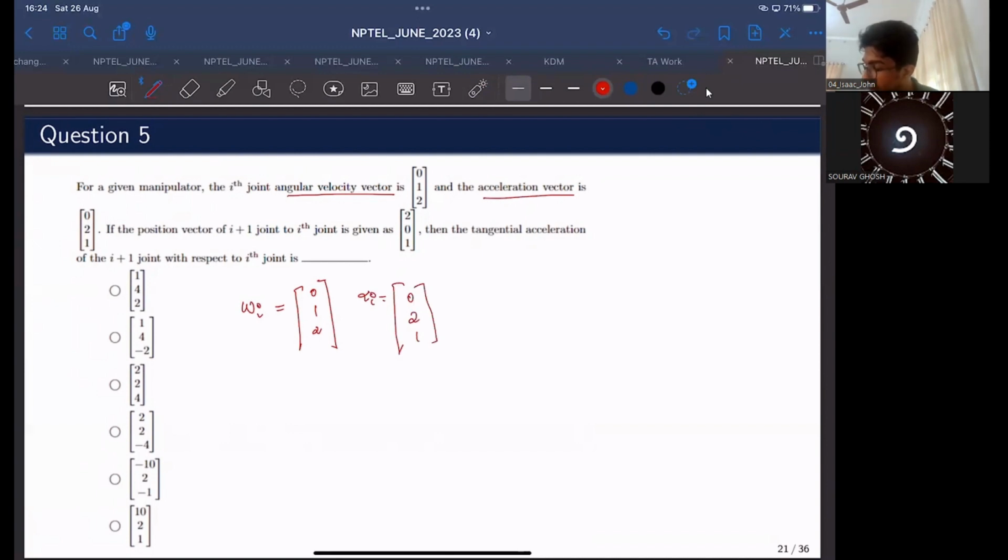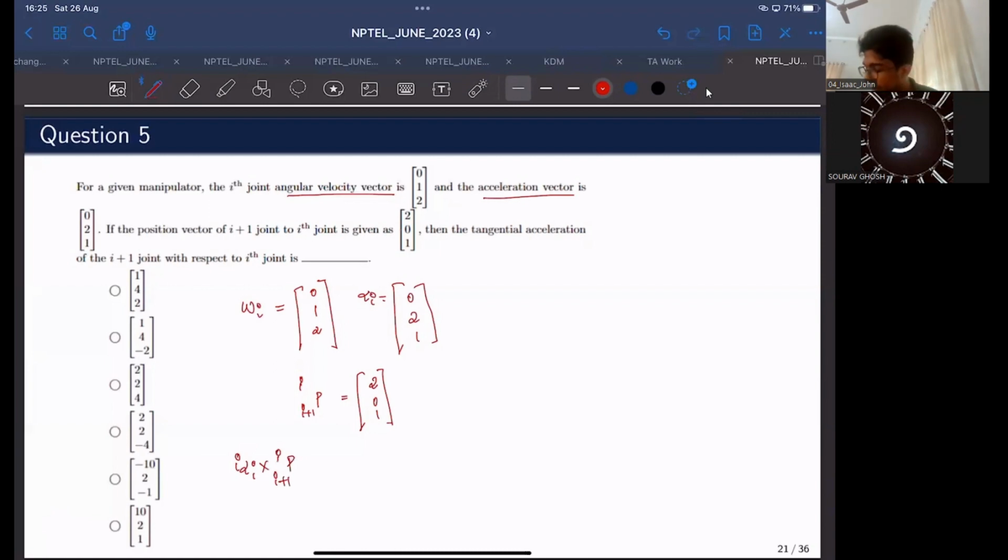If the position vector of the I plus 1th joint to the ith joint is given as so and so, then by the notation we are following in the course, it will be the position vector of the I plus 1th frame with respect to the ith frame, given as 2, 0, 1. Then the question is asking the tangential acceleration of the I plus 1th joint with respect to the ith joint. So tangential acceleration is nothing but alpha I cross the position vector of I plus 1. This is the tangential component.